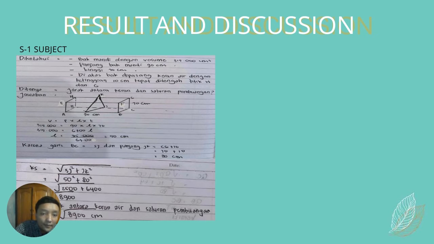Next, result and discussion for subject S1. Figure 2 is the result of the work of subject S1. From Figure 2, it can be seen that subject S1 is able to identify what is known and identify what to look for.